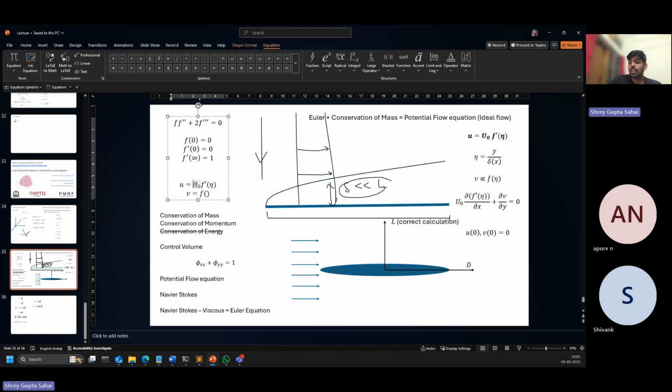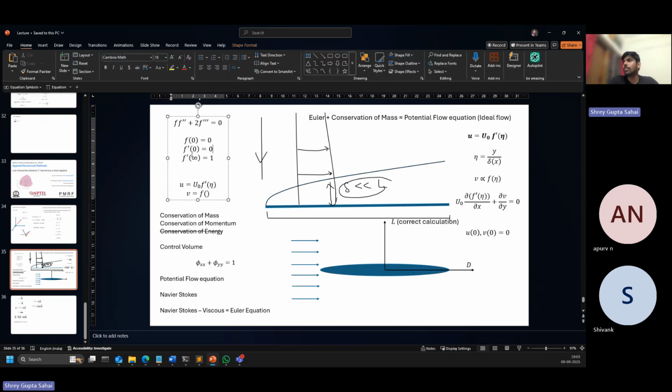The issue with a boundary value problem is that you cannot evolve unless you have three conditions. Tell me, Apurv, how do you solve this equation? Suppose I tell you what f triple dash is. Let's make a model problem, let's say it's 0.5.